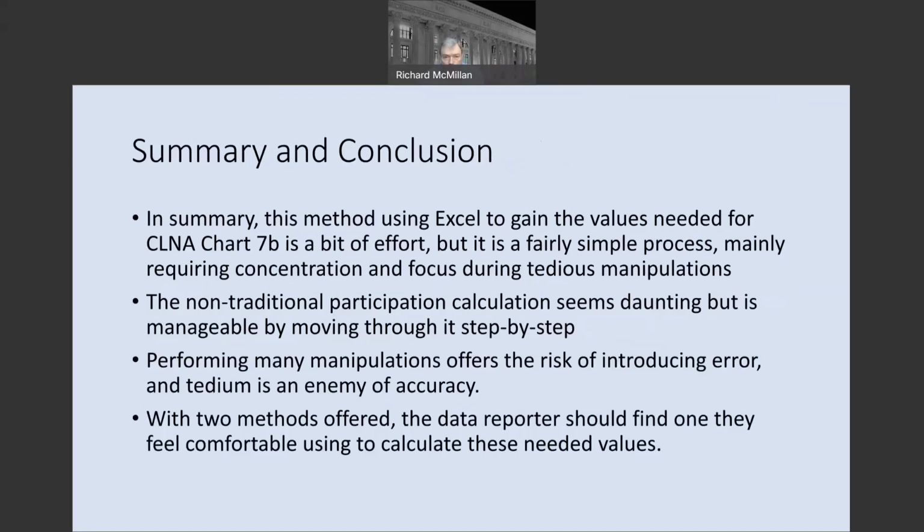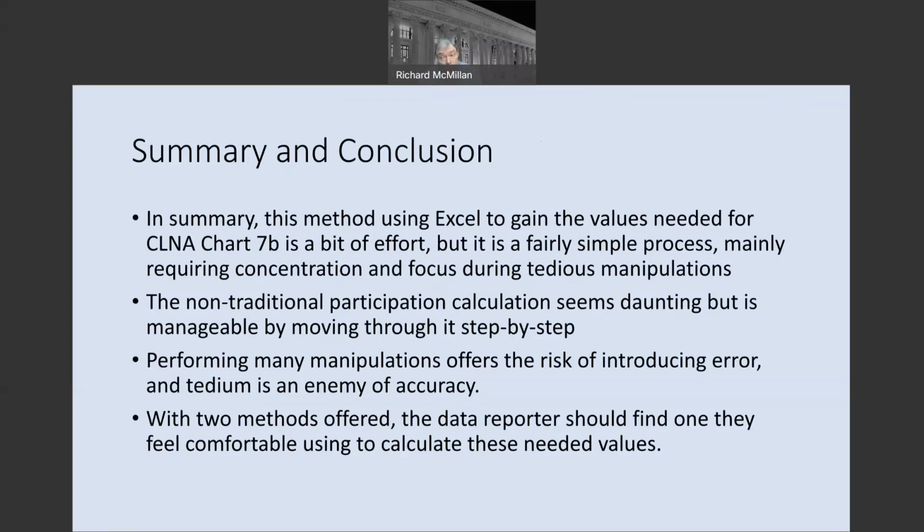Summary and conclusion. In summary, this method using Excel to gain the values needed for CLNA Chart7b is a bit of effort, but it is a fairly simple process, mainly requiring concentration and focus during tedious manipulations. Specifically, if you decide to use the filter method, it will require many steps.